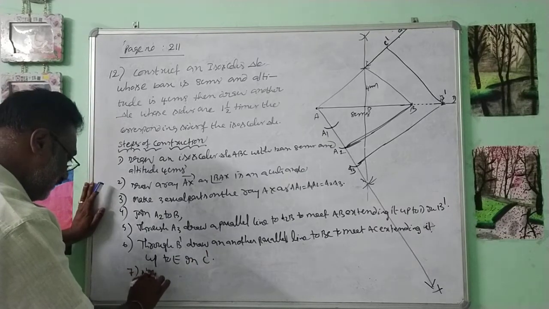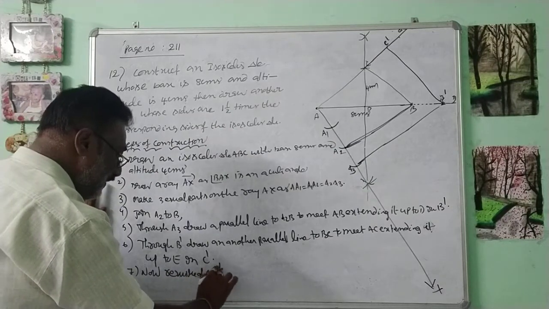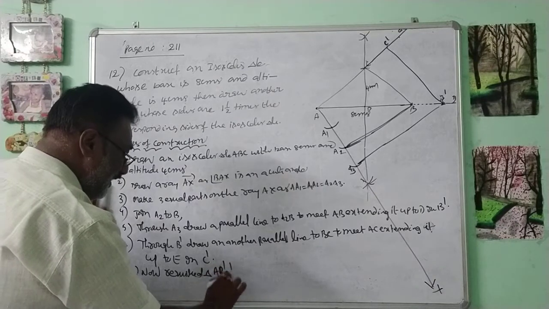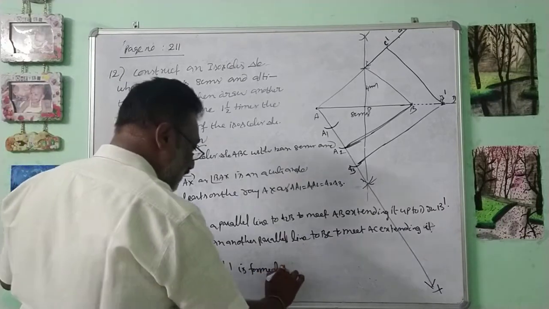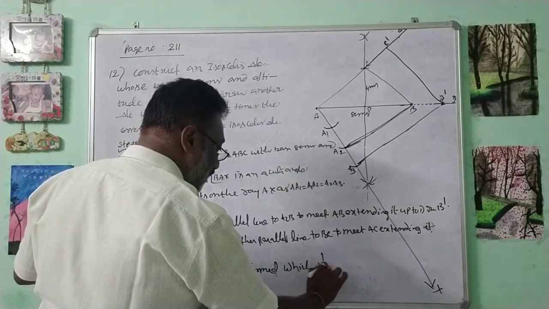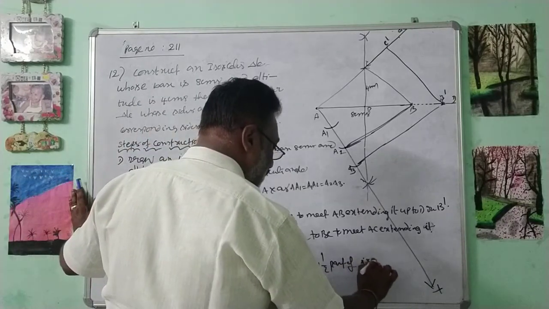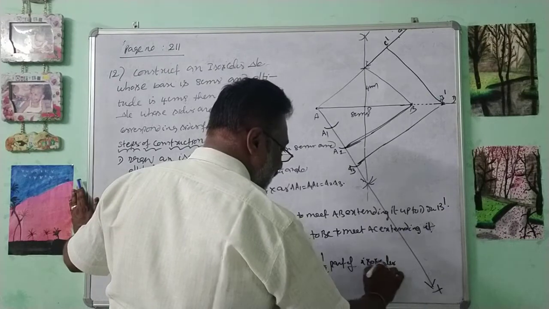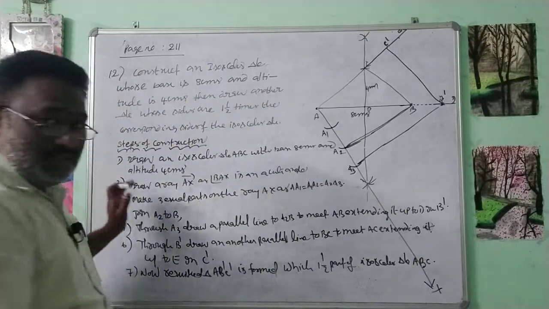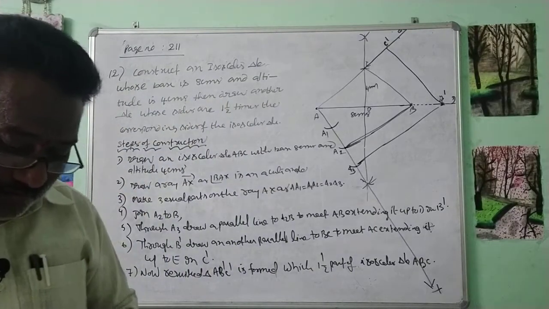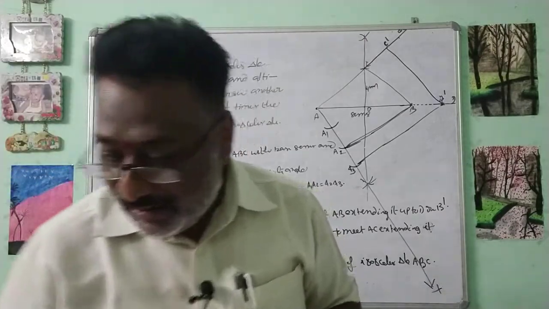Seventh one, now the required triangle A B dash C dash is formed, which is 3/2 part of the isosceles triangle ABC. That's all.